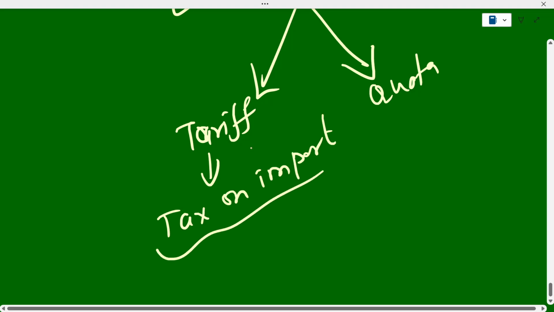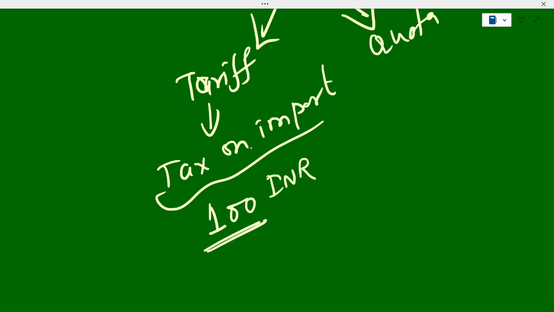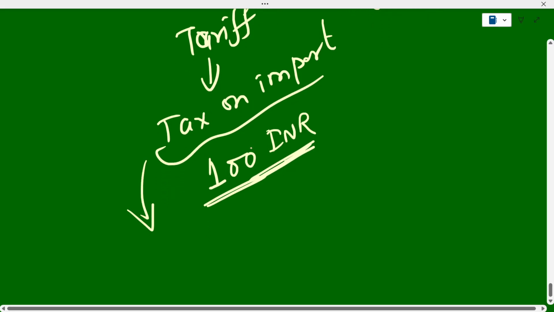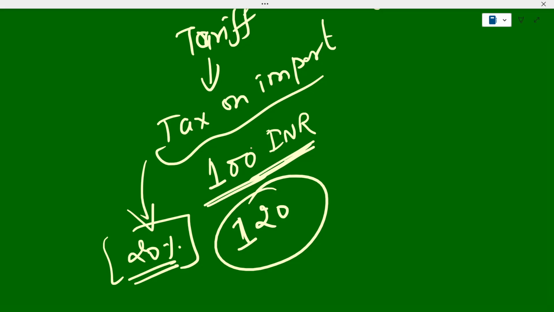Which means if a certain good is being bought from a foreign country, let's say the Netherlands, at 100 INR, and in order to protect the domestic producer the government puts a tariff, a tax rate of 20%, then this import will become 120, which is expensive when compared to domestic products.